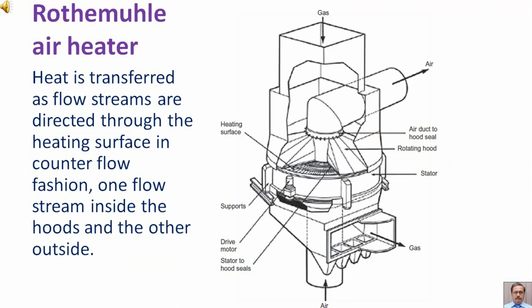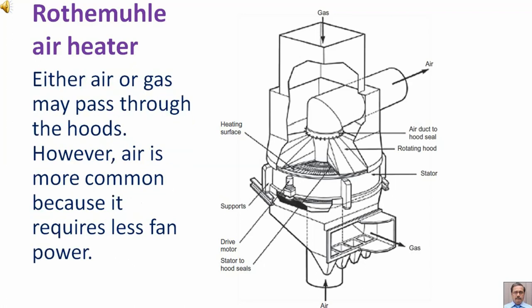Heat is transferred as flow streams are directed through the heating surface in counter-flow fashion. One flow stream inside the hoods and the other outside. Either air or gas may pass through the hoods.